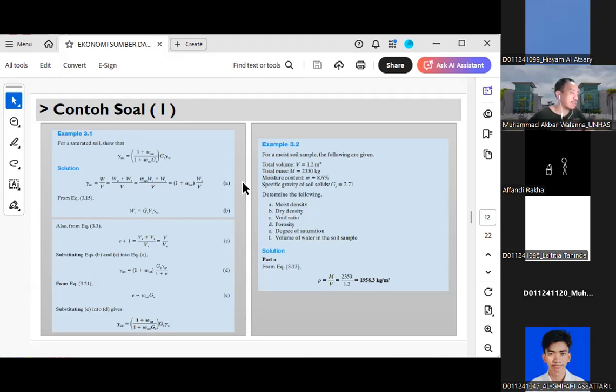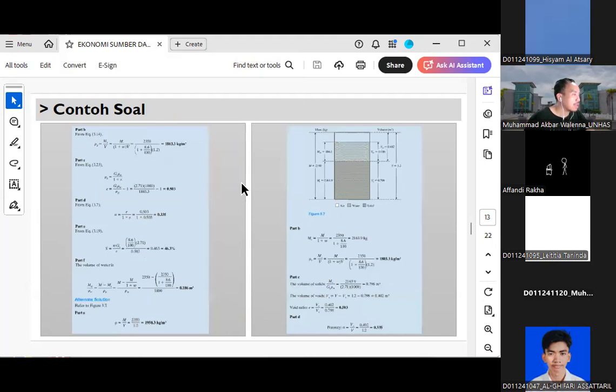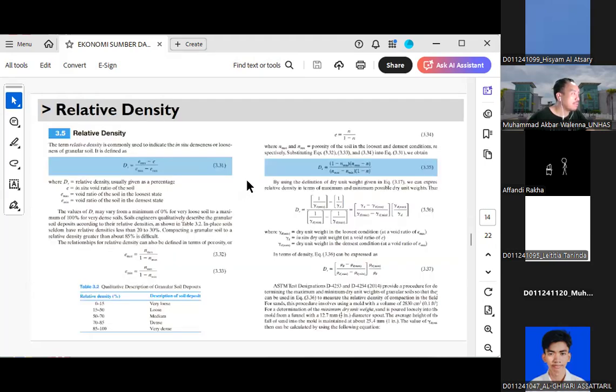Firstly, give it a try to solve it. Second, compare your results with the results I have included in the slide. I'm going to stop the material for this week, because the upcoming slides are for next week.